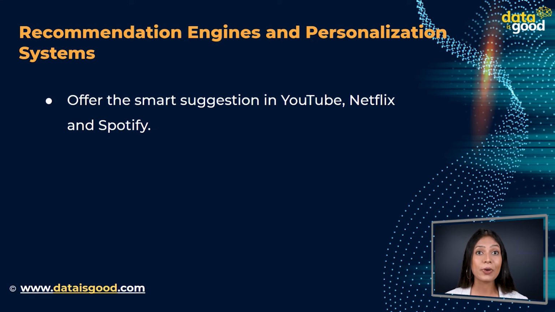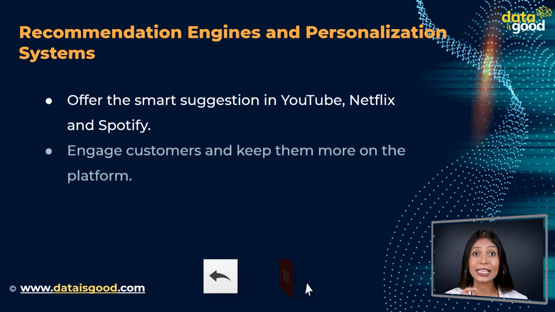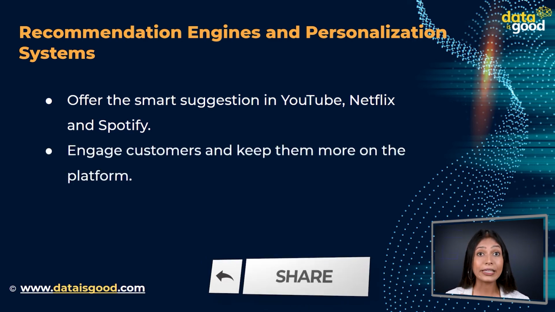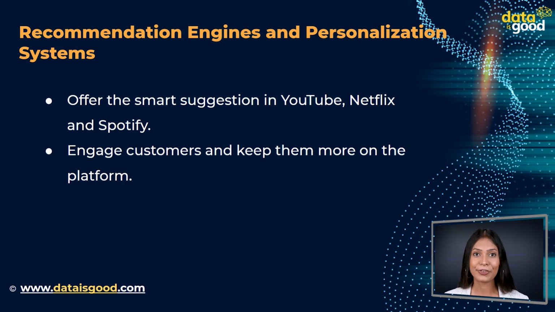For instance, if you have watched any sci-fi movie or web series in the past on Netflix, then the platform will suggest the most relevant movies and web series using smart machine learning algorithms. That will eventually engage your customers and will keep them more on your platform.